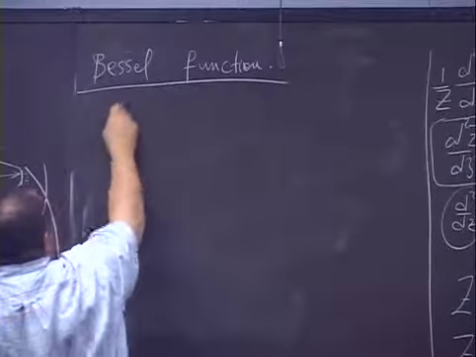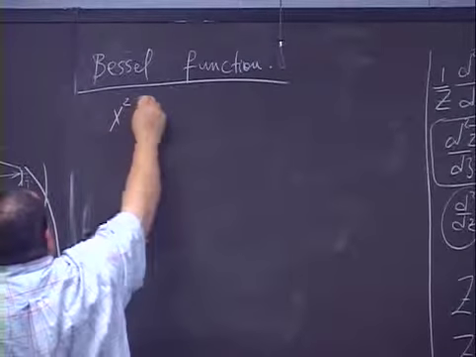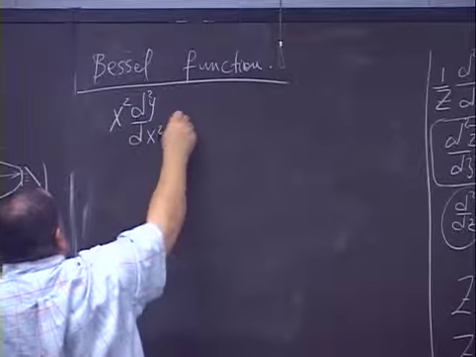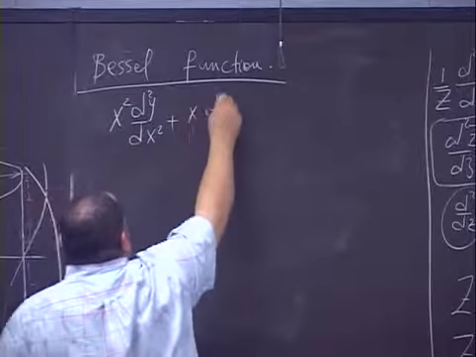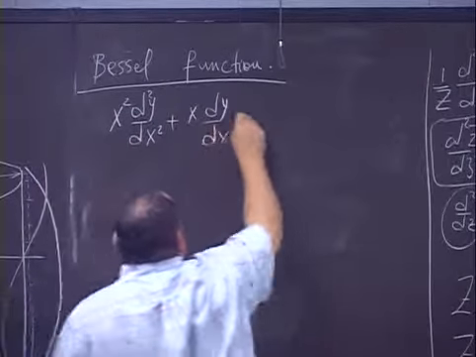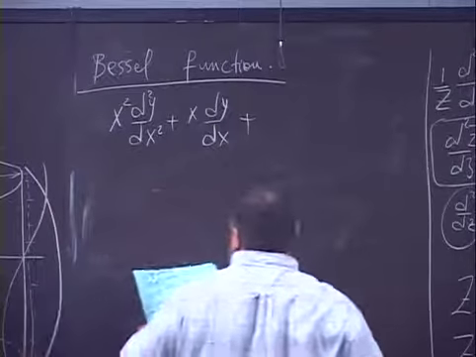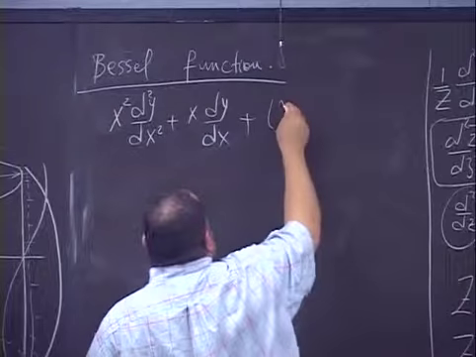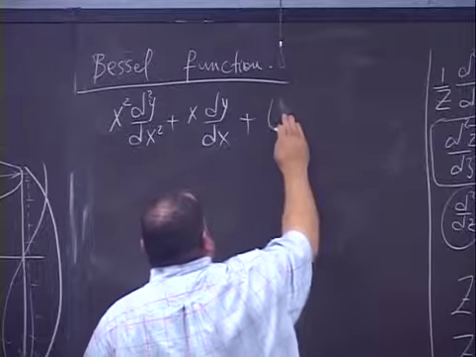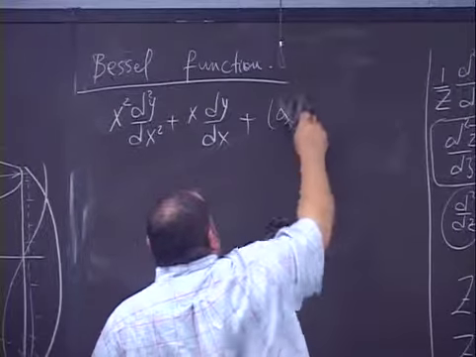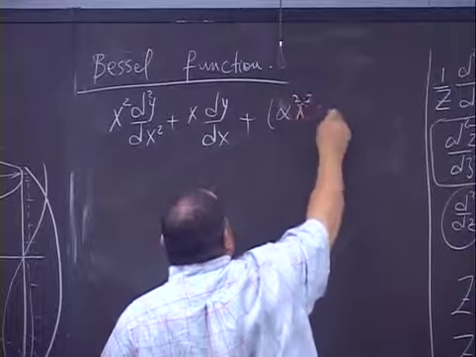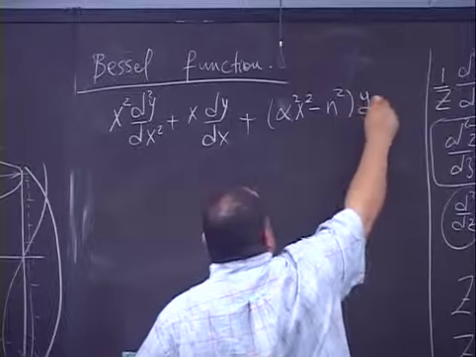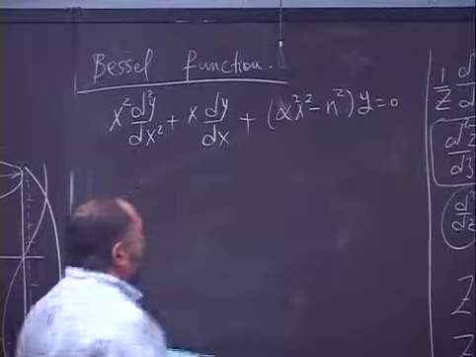Bessel functions are functions in this form: x square d2y by dx square plus x dy by dx plus, let's call this alpha square x square minus n square multiplied by y equal to 0.